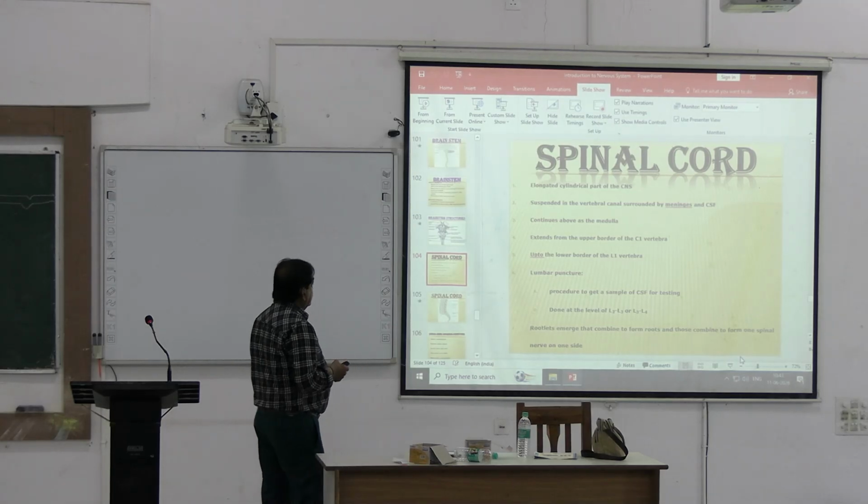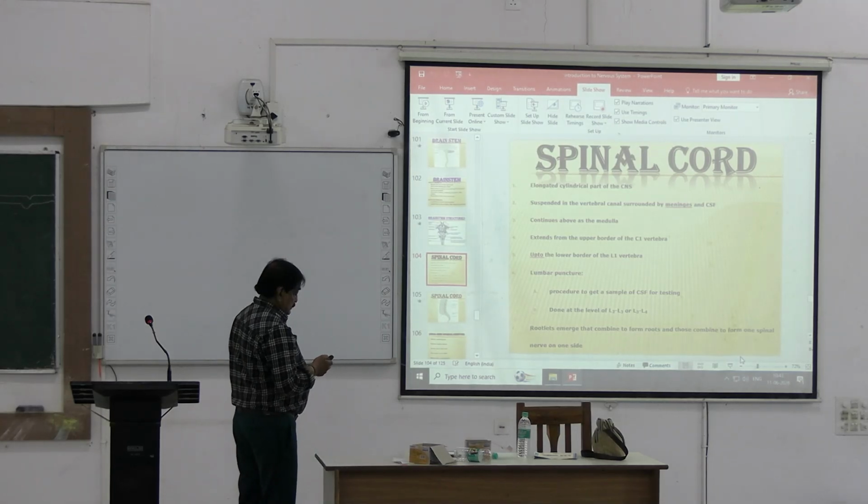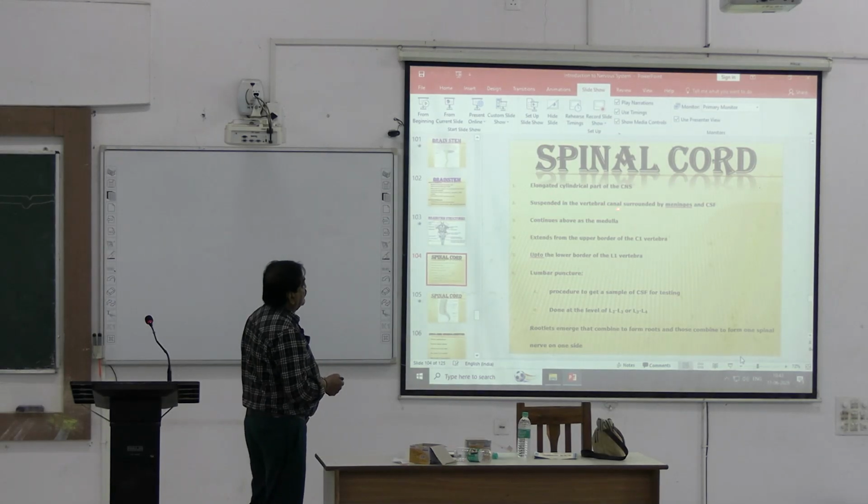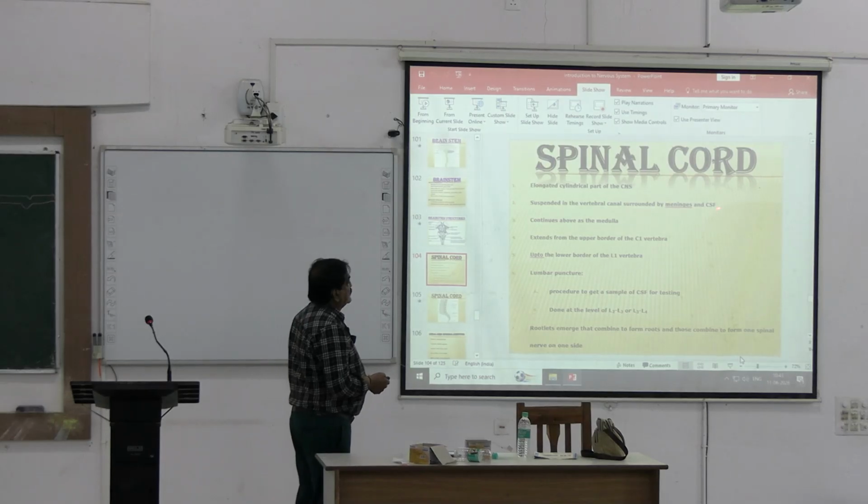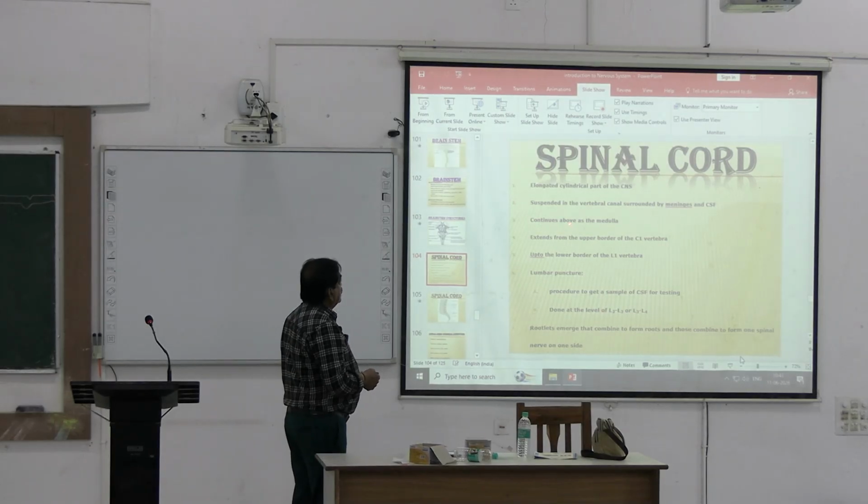Now, spinal cord, the elongated cylindrical part of the CNS, suspended in the vertebral canal surrounded by meninges and CSF, continuous above with the medulla.